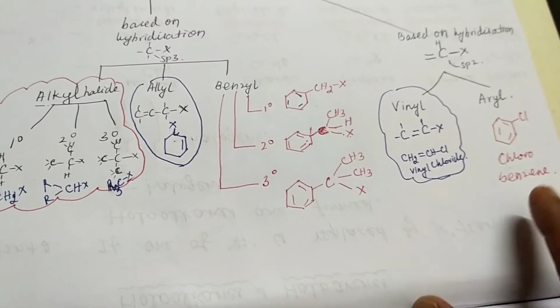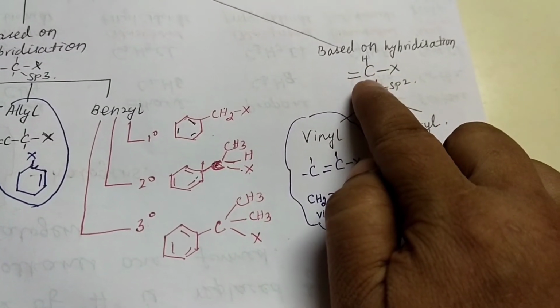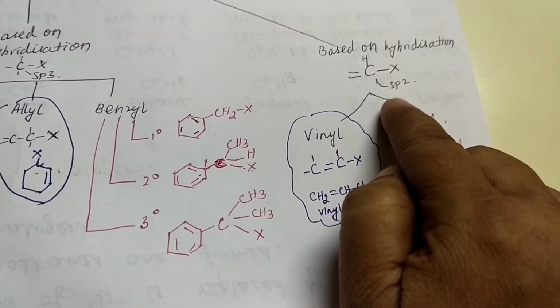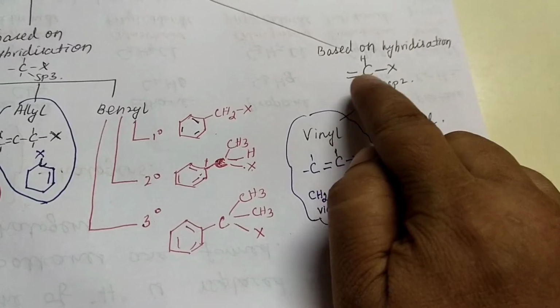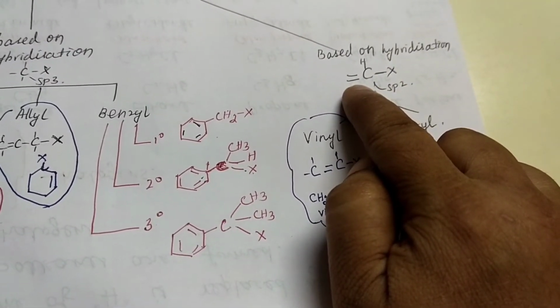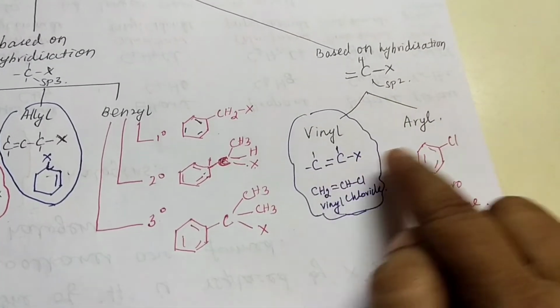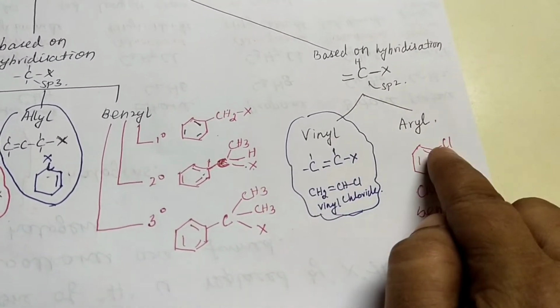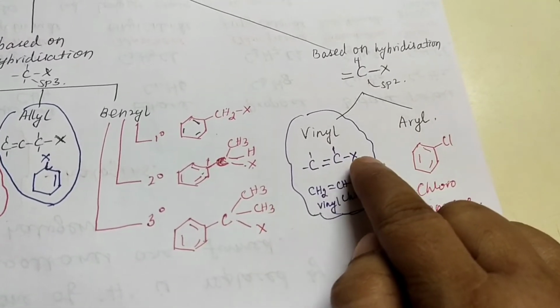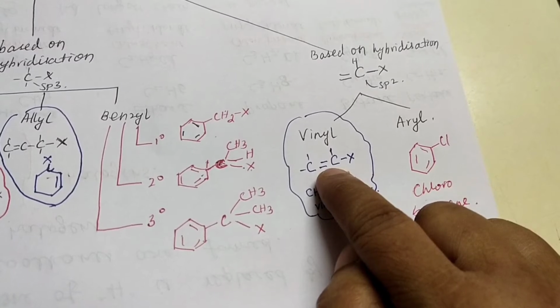Now the next classification is where the halogen attached carbon itself is sp2. Of its 4 valencies, one is with the halogen and the other 2 are with another carbon. Under this we have vinylic and aryl. In vinyl, the halogen attached carbon is in turn attached to a double bonded carbon.